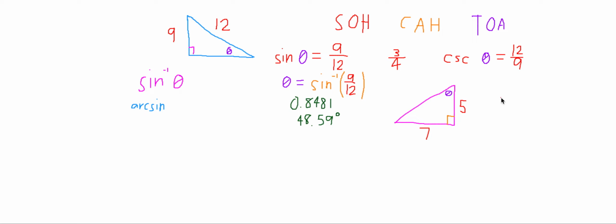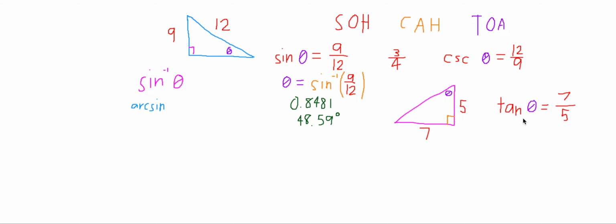So tangent of theta will be equivalent to, now we want to know what the opposite is and the adjacent. The opposite is going to be 7 and the adjacent is going to be 5. And the hypotenuse is the side that is opposite to the right angle. So that's how we know.